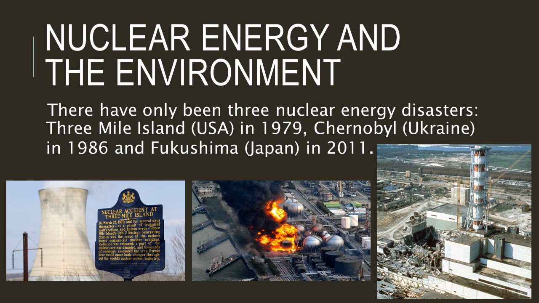In all of these examples, you had a meltdown, but with 3 Mile Island, there were no radiation leaks. With Chernobyl, there was. In fact, the entire city of Chernobyl is now empty. They had to evacuate, and a lot of health issues sprung from that. And as far as I know, with Fukushima, there was some radiation leak, but not too extensive, so it was quite contained.